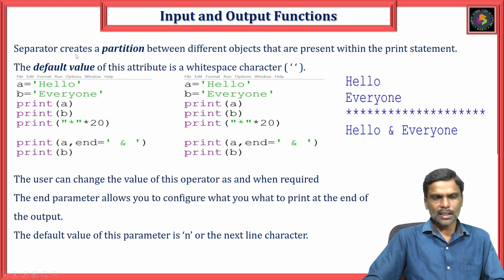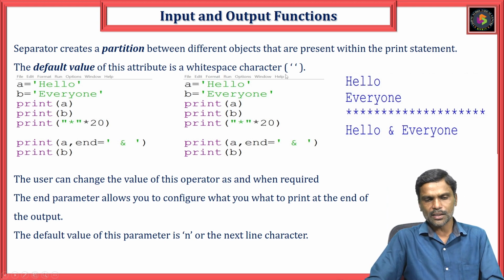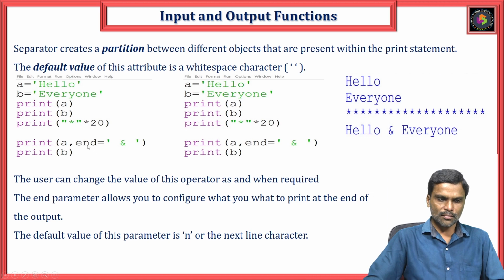Then separator creates a partition between the separate objects present within the statement. The default value will be white space, as I told you just now. Simply if I give within the print a comma b, you will get hello everyone.